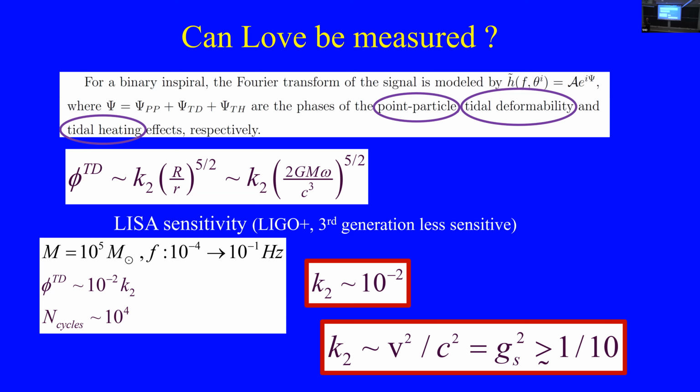The whole point is that you don't get terms that are suppressed by M-Planck, but they are proportional to delta E over. Okay.